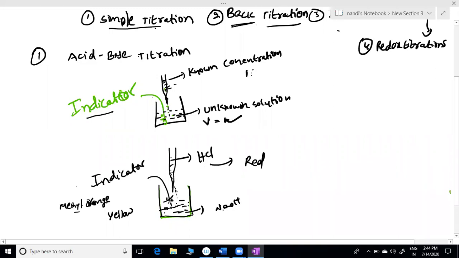Then the reaction reaches the end point. After the end point, we add one drop of HCl, the medium becomes acidic, the color changes, and then you have to stop the reaction.